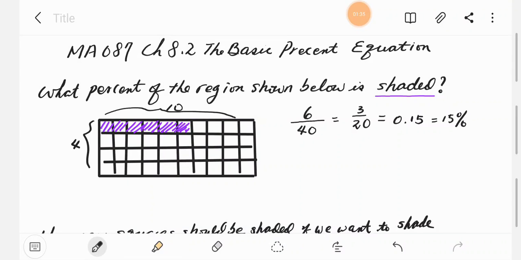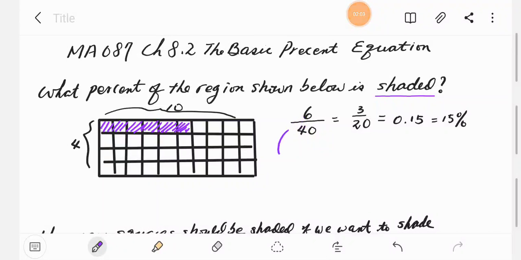So can you see? In this case, what you do is write a fraction, 6 out of 40, because 6 out of 40 is the portion of shaded squares in these 40 squares.